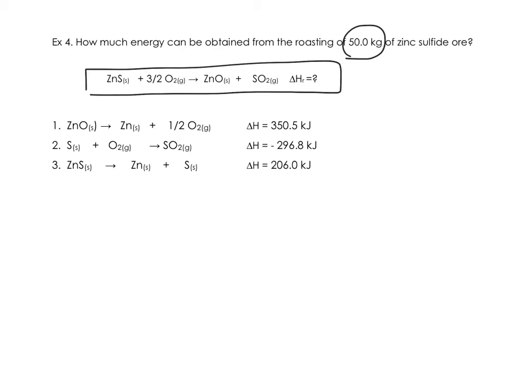This equation that we're finding for will be for 1 mole, but this is not going to be 1 mole. 50 grams is not 1 mole of zinc sulfide. So first of all, let's get on with the thermochemical equations.